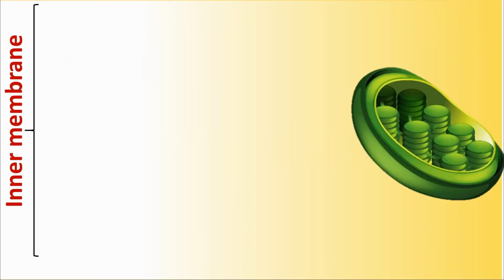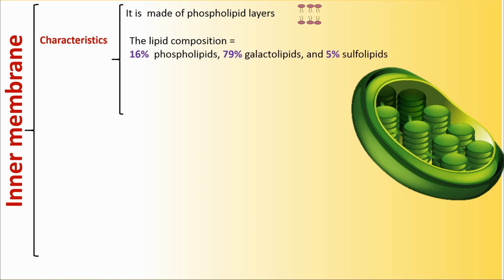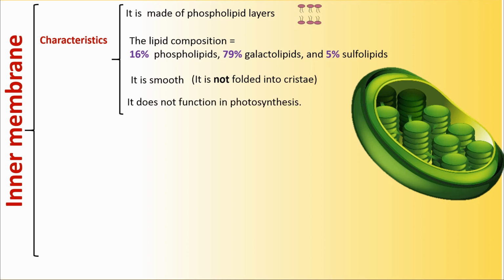Inner membrane. The inner membrane of chloroplast is made of phospholipid layers. Its lipid composition is 16% phospholipids, 79% galactolipids, and 5% sulfolipids. It is smooth and not folded into cristae. It does not function in photosynthesis.